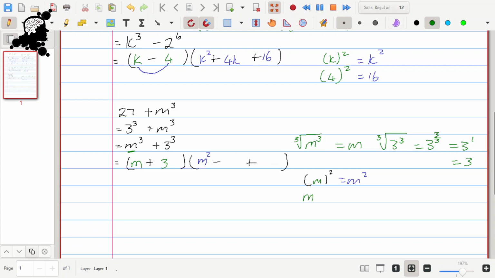So m multiplied by 3 is just going to give me an answer of 3m. So I've got 3m here. Lastly, I need to take the last term in the small bracket, which is 3, and square it. 3 squared is going to give me 9. So I have 9 there.